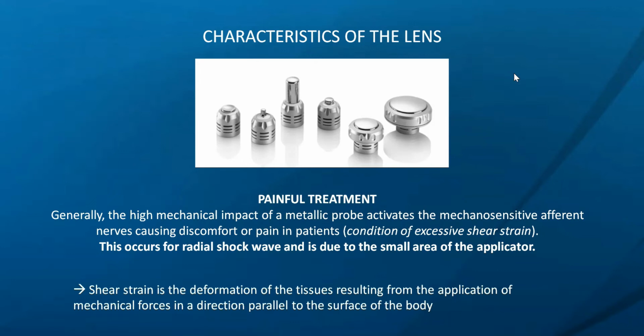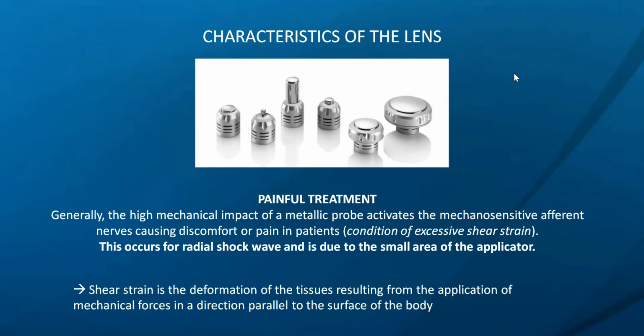Generally, in radial shock waves, we have pain, but it's due to the impact of the probe in contact with the skin of the patients, because with a mechanical pulse of a metallic part we have the possibility to produce an excessive shear strain. This means that with radial shock waves we have an overstimulation of the mechanoreceptors and of the nerve endings of pain.